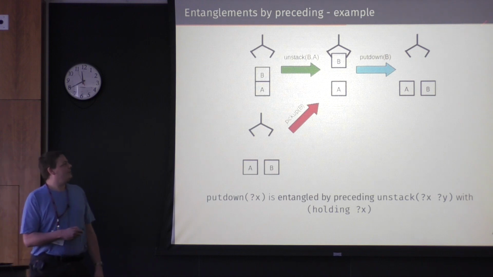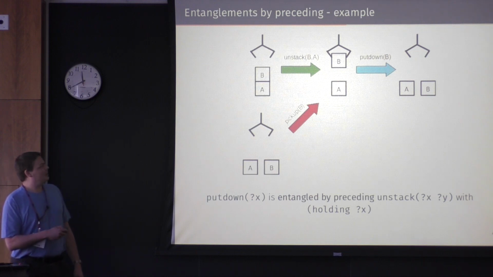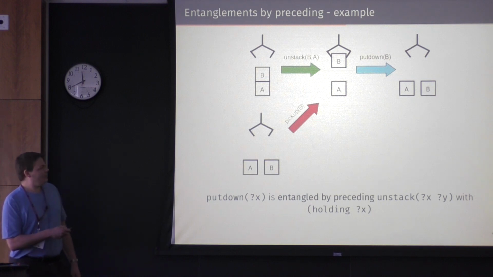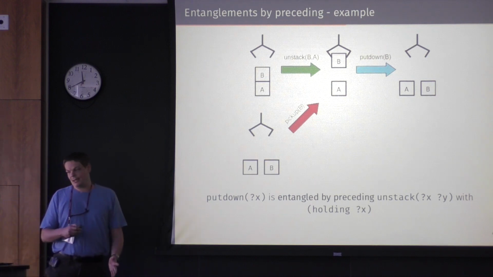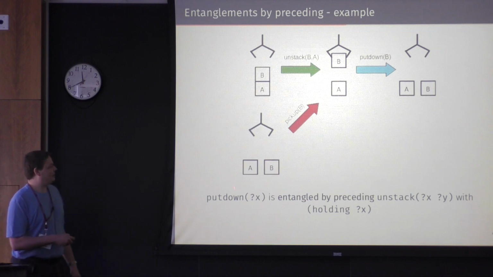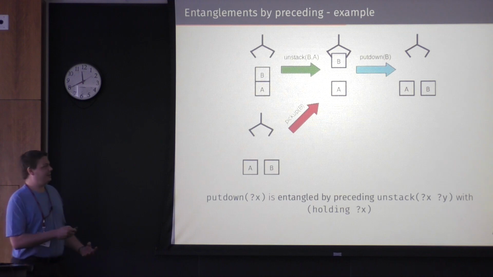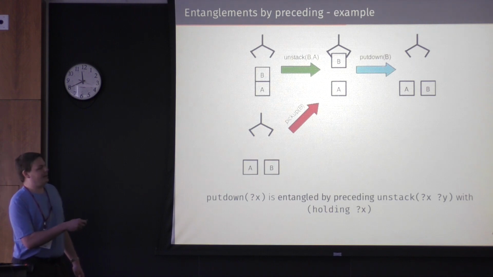Then if we want to use that holding predicate by operator put down, the nature of exclusivity is somewhat straightforward, because if you pick up a block and put it down, you are in the same state as before, so it really doesn't make much sense to do this.